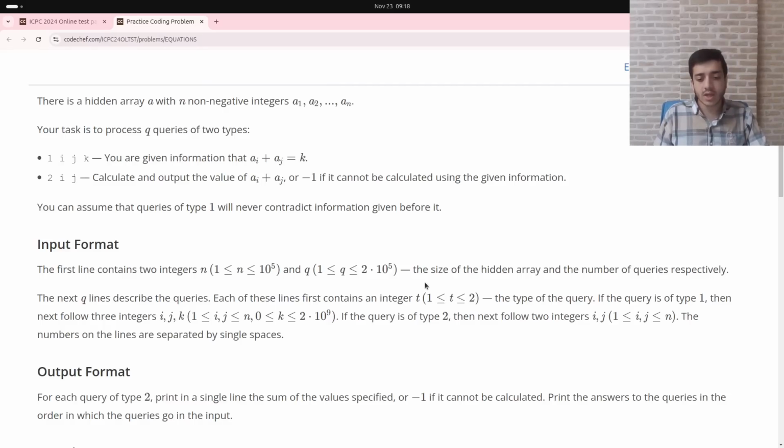Otherwise, we know that it's going to make a cycle. Note that for each connected component, only the first cycle is important. So if we already saw a cycle in this component, that's not important, we just continue.